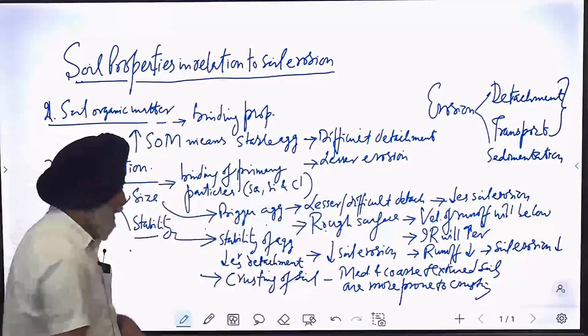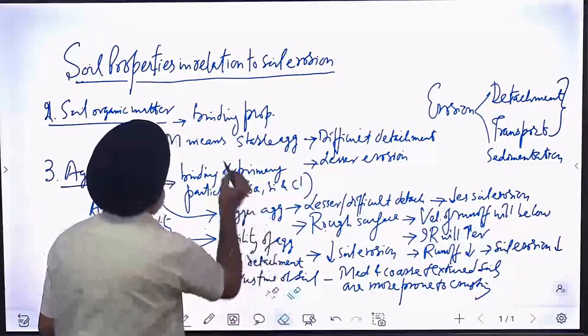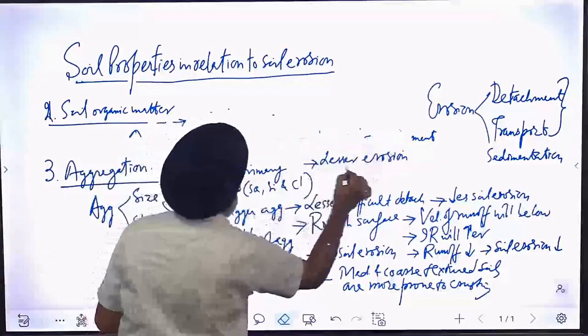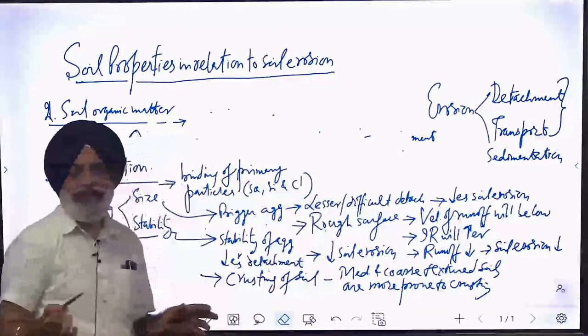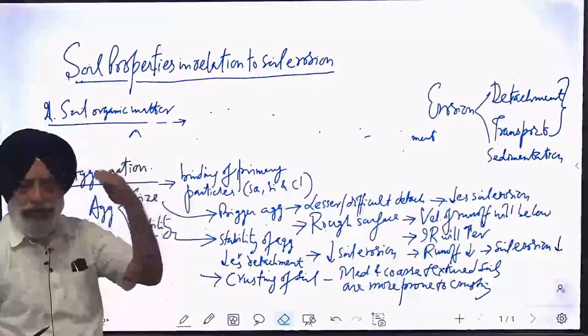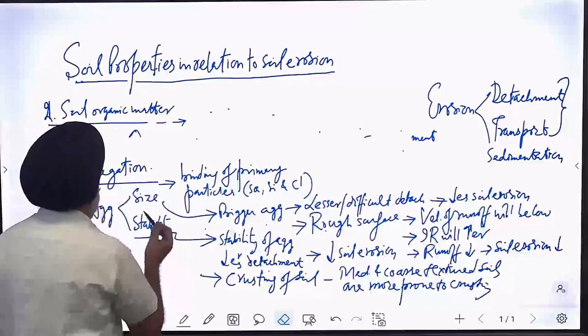Once crusting is there, the infiltration rate will decrease, because you have a fine, compact layer that hinders infiltration.